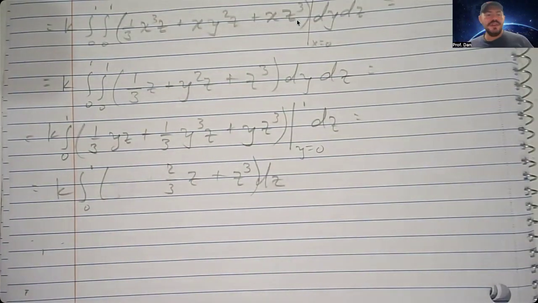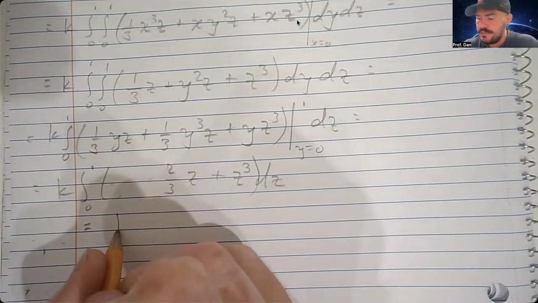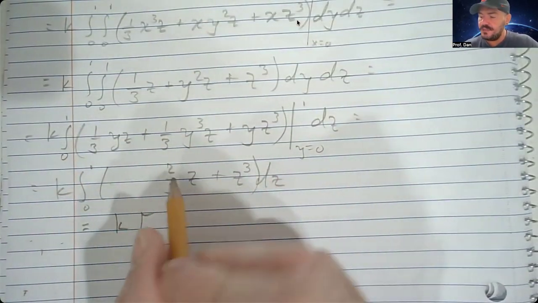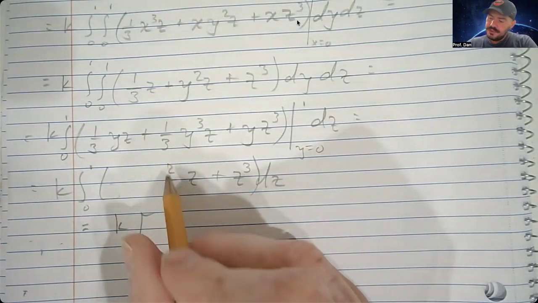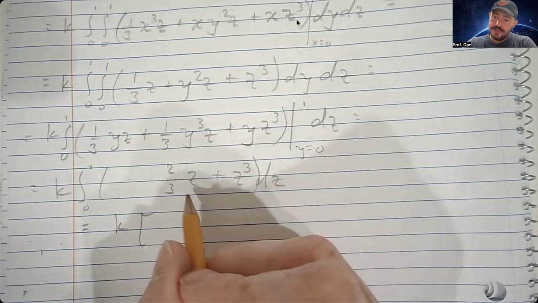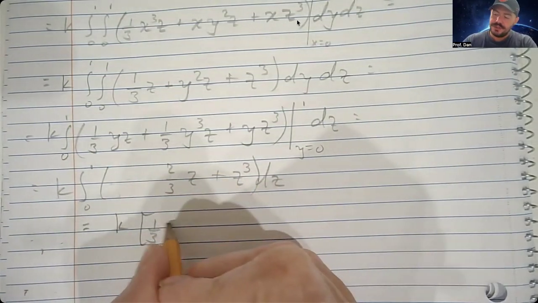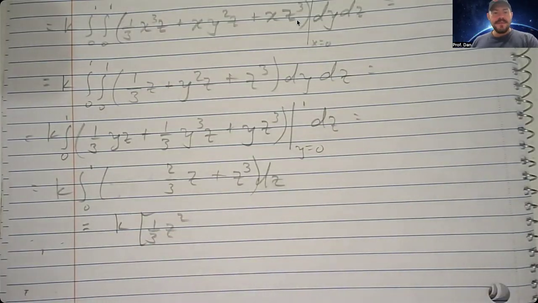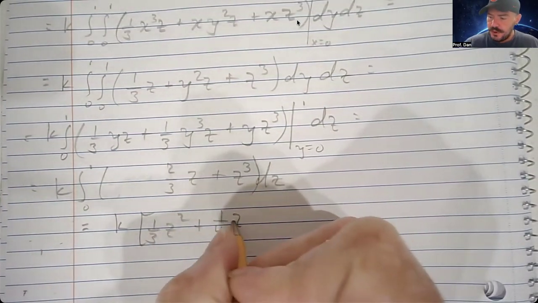Now when I take the antiderivative of this with respect to z, it's a little more straightforward. So my antiderivative, we're going to get 2/3 z squared over 2. Little math will tell me that's 1/3 z squared plus 1/4 z to the 4.